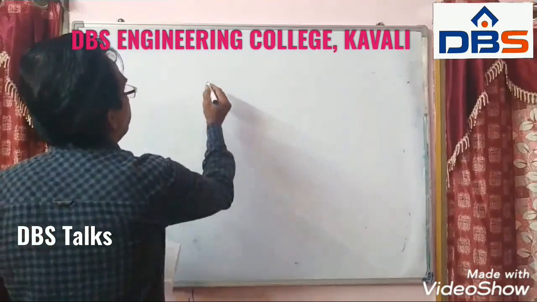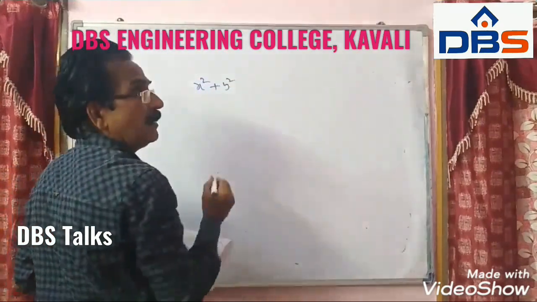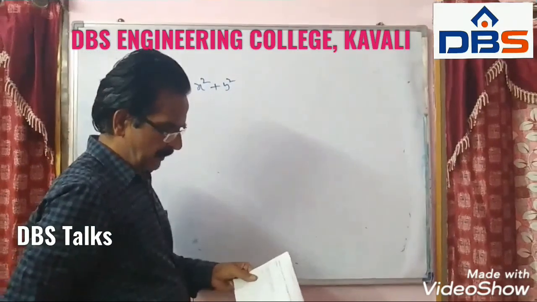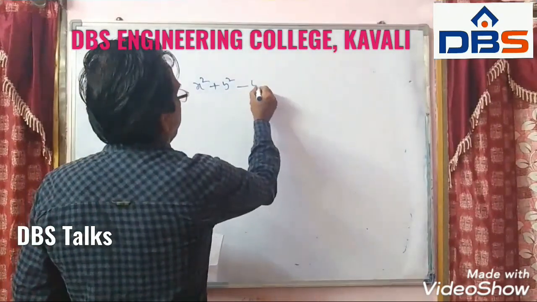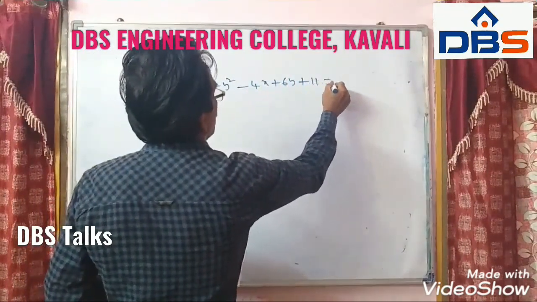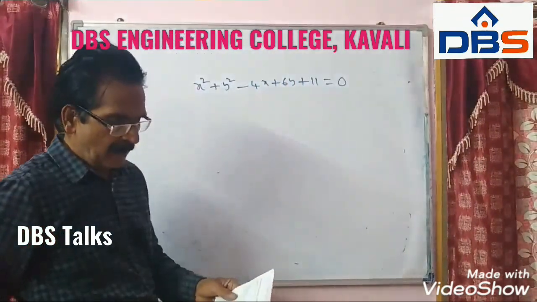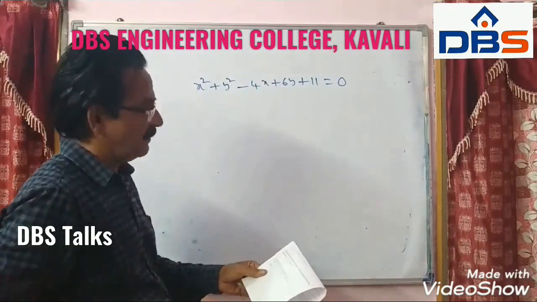The first equation is x square plus y square minus 4x plus 6y plus 11 is equal to 0.